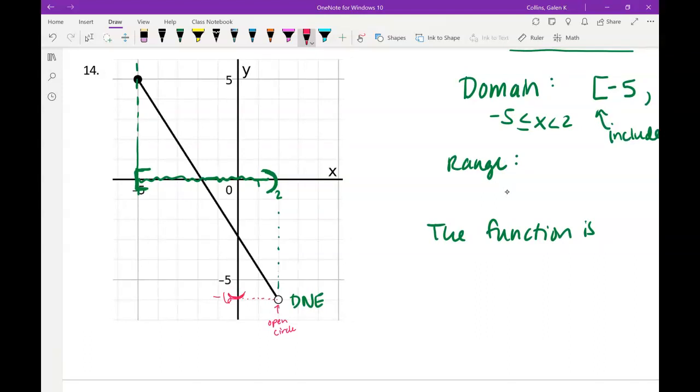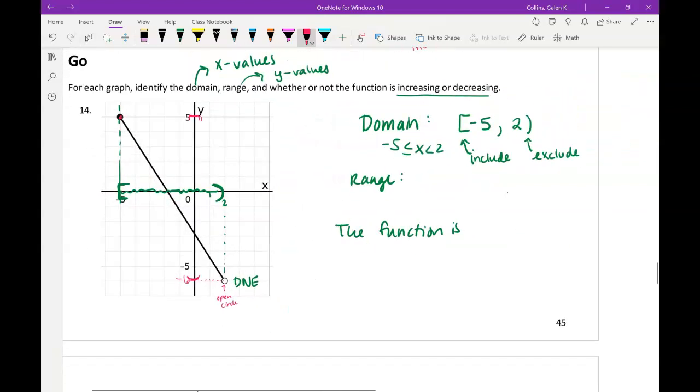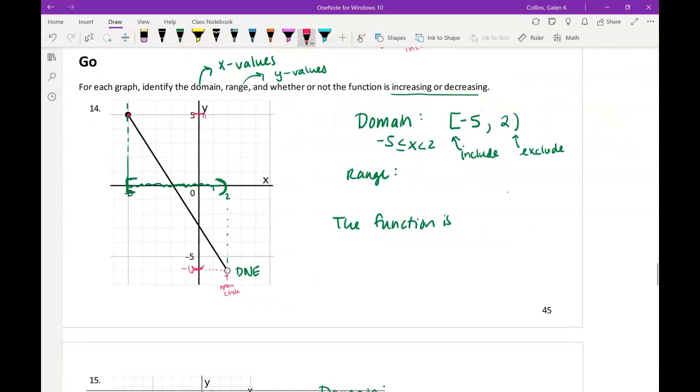I'll have to exclude it from my range, but my function does equal 5. So when x is -5, my greatest y value or my maximum is 5. Okay, so for the range, I would say from but not including -6 to and including 5. So that's how we would do that with interval notation.